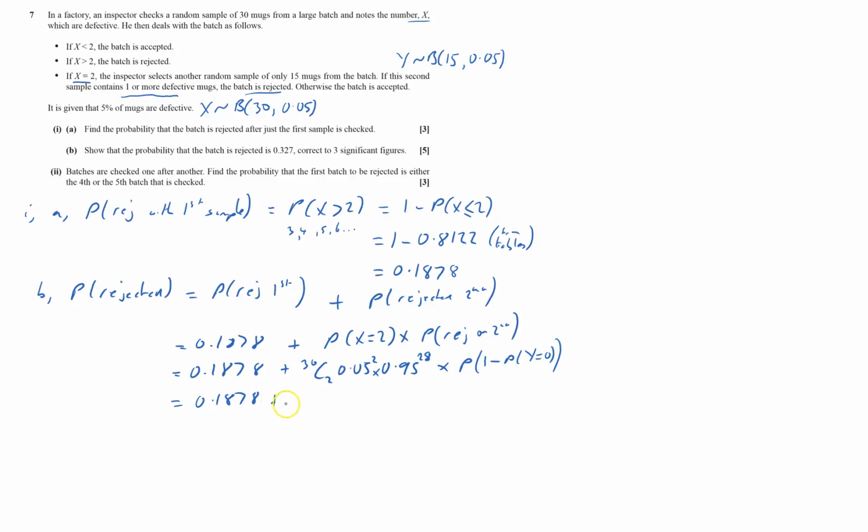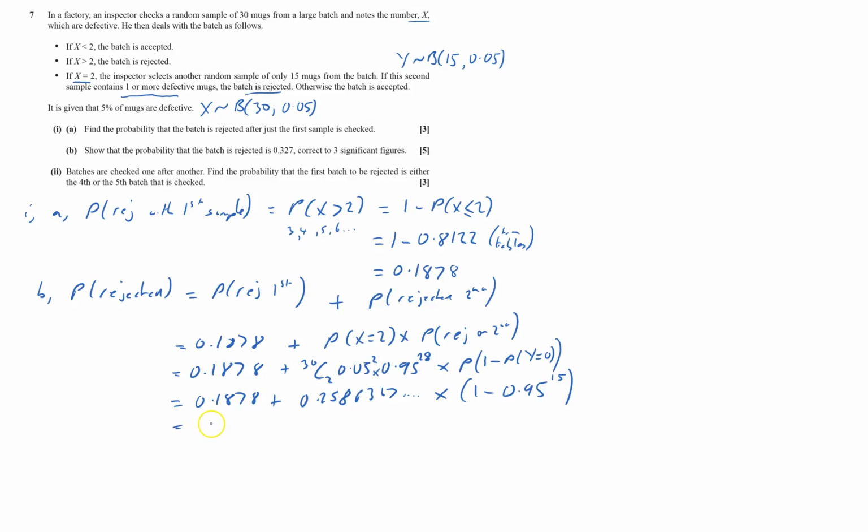So it's 0.1878 plus 0.2586367 times 1 minus the probability of no successes, which is 0.05 to the power 0, which is 1, and all the others, and now there's just 15 because the sample is only 15.